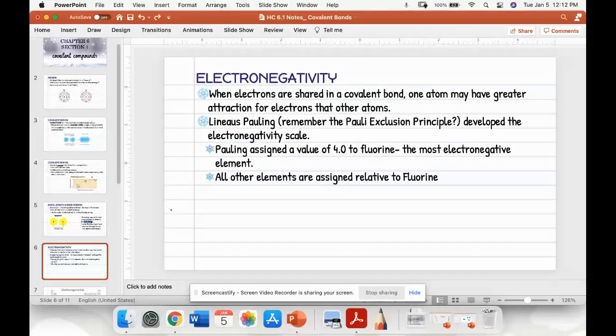Electronegativity is something we are very familiar with already. We talked about it with periodic trends on the periodic table in chapter 4. It's also something we talked about when we were doing orbital diagrams. Electronegativity is the ability for an atom to draw in electrons. If you remember that trend, atoms that are farther to the right on the periodic table have a higher electronegativity.